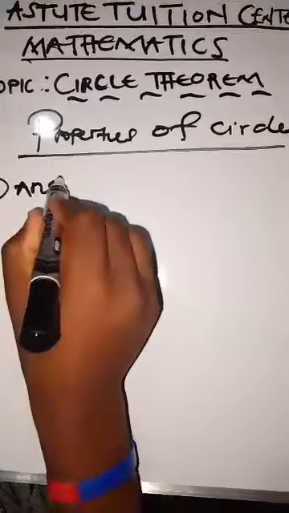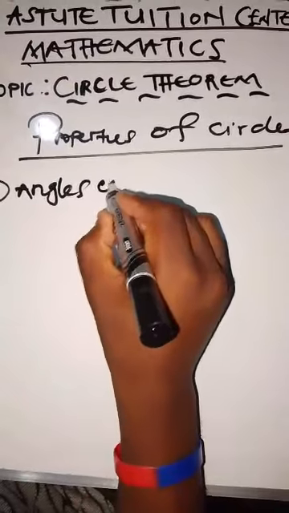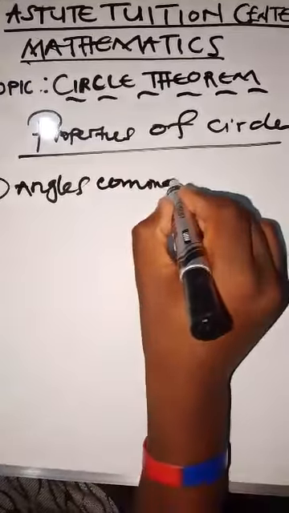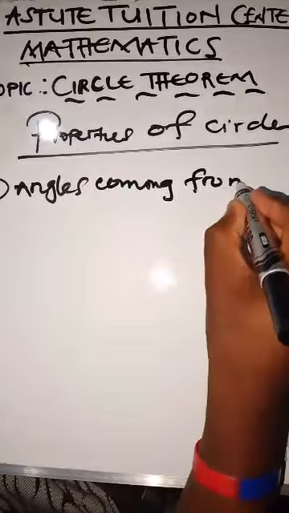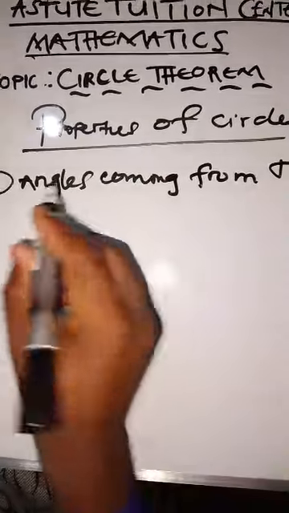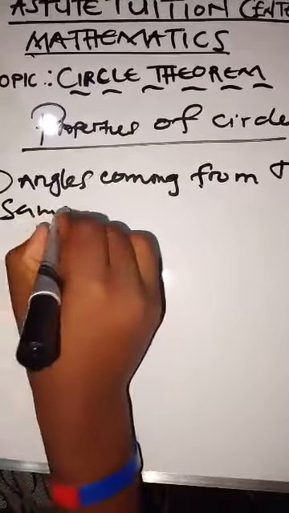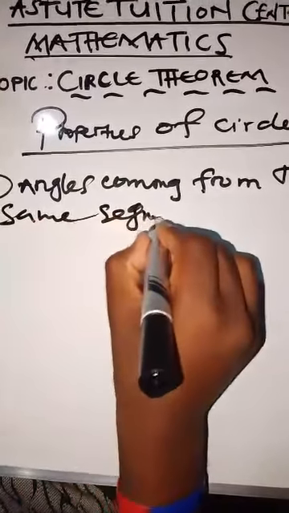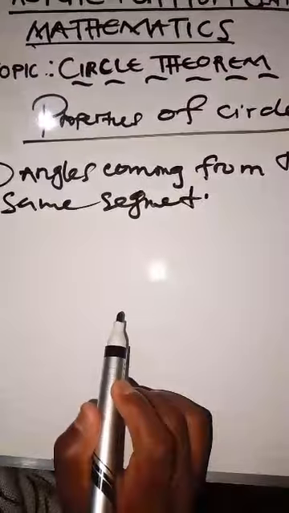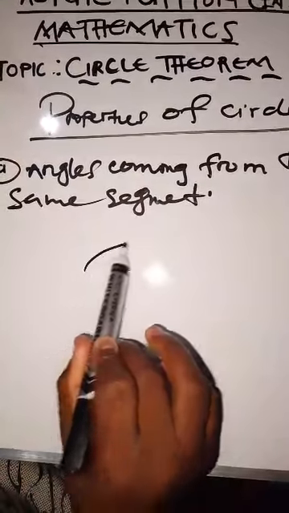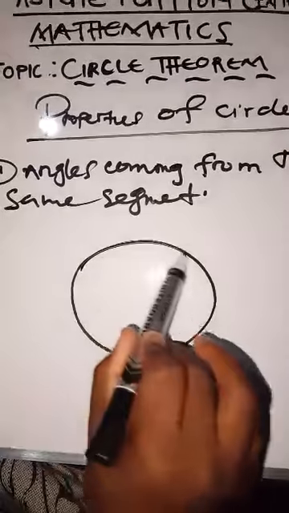angles coming from the same segment. Angles coming from the same segment. Okay, so let us say you have got a circle here.